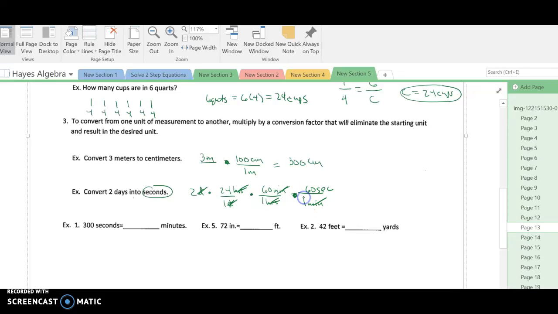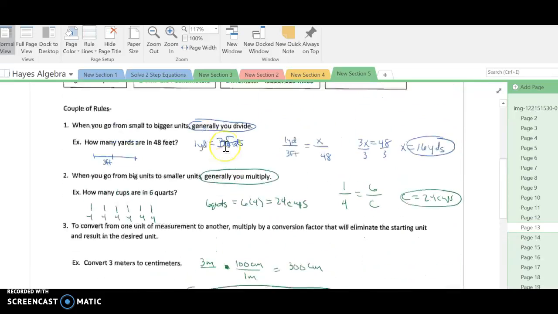So I'm basically going to take 2 times 24 times 60 times 60, multiplying all these together, and you get 172,800 seconds. So that is a little bit more challenging, right, than up here.